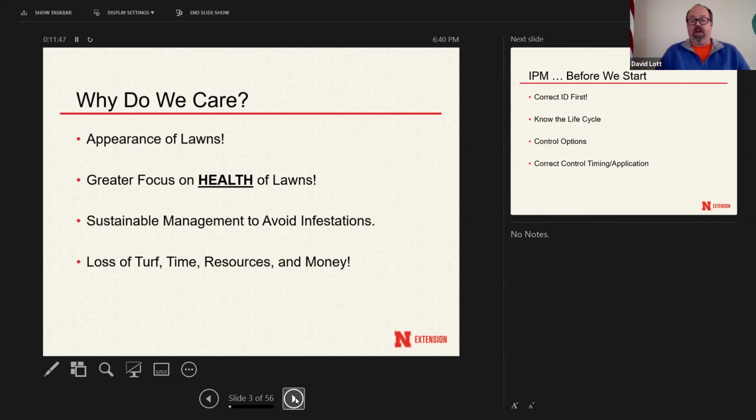We need a good, healthy lawn, and a good, healthy lawn is not going to look totally perfect all the time, but it's still going to be healthy. And we want to be able to find a way to make decisions on ways to avoid these infestations of these common offenders. And we also have the loss of turf, where the turf grass dies out.